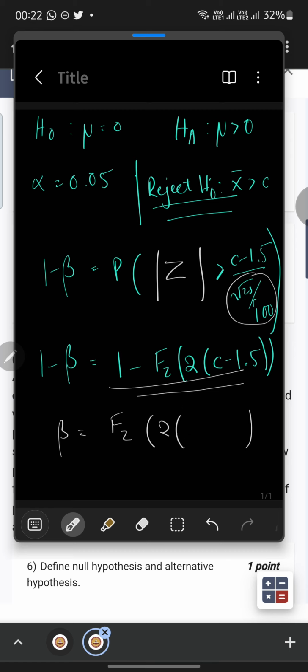Let me use the calculator here. 0.82 minus 1.5 is minus 0.68, into 2. Let me just check if it's possible.